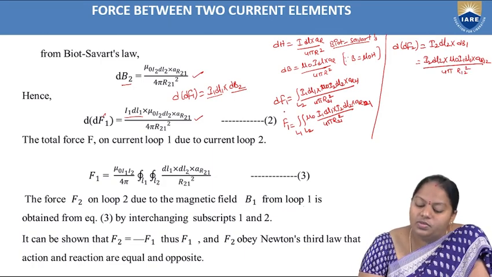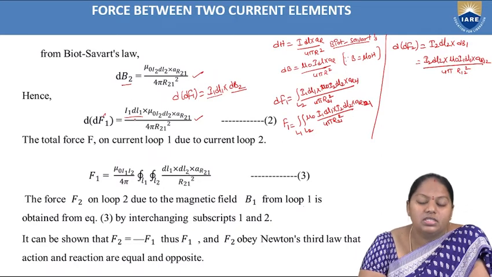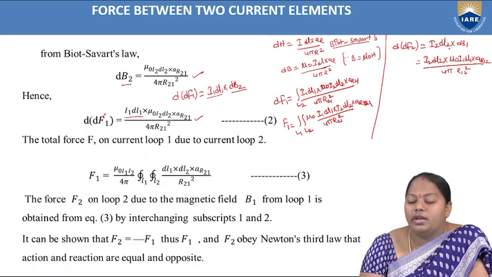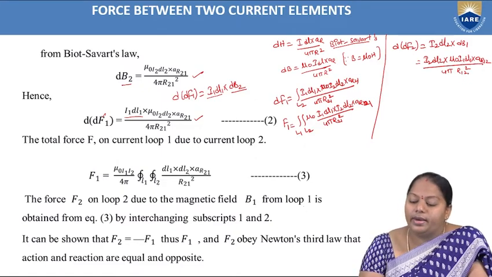Okay? So if you observe, dF1 is related to the first current element in field 2. Now dF2 is due to the second current element, and the field produced is in the first, hence dB1. By default, dB1 is from Biot-Savart's law I1 dl1 into aR12 by 4π R12 squared.